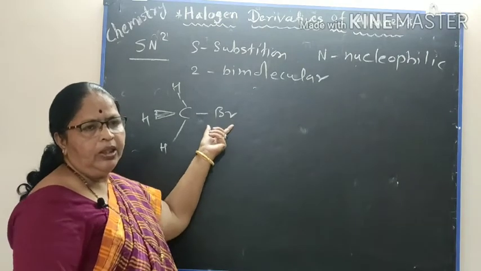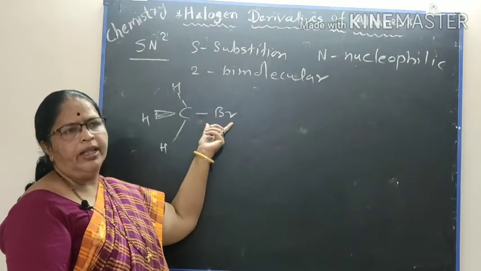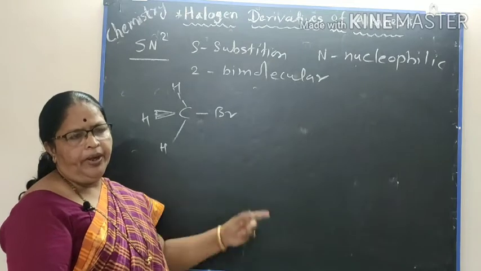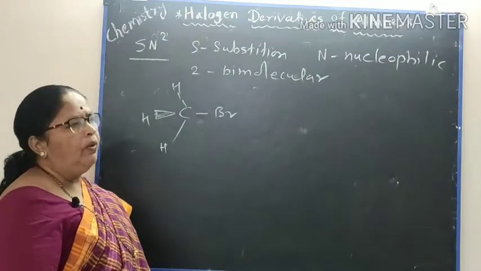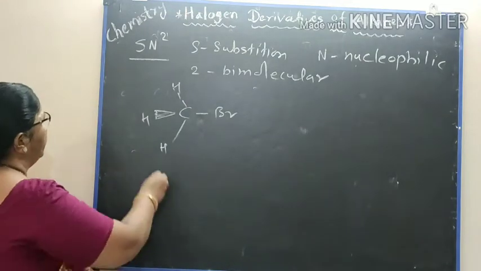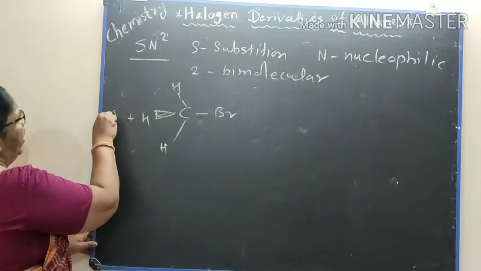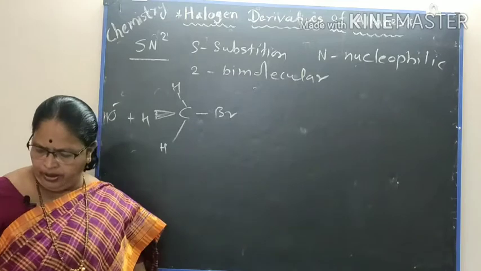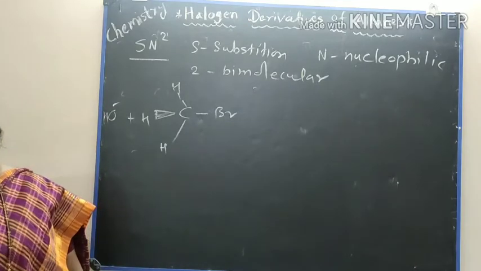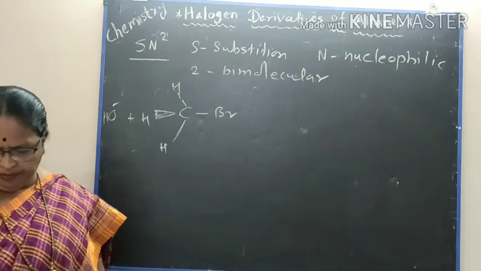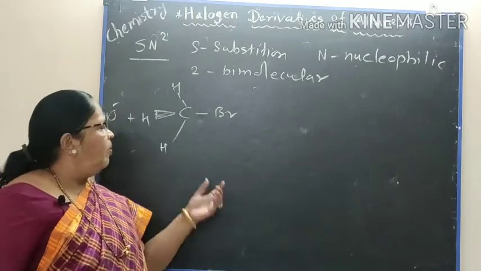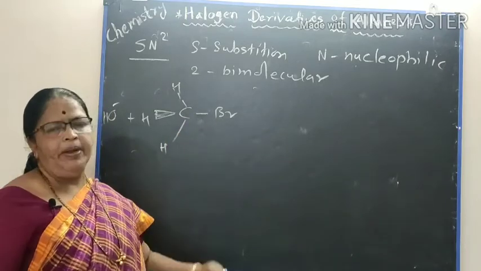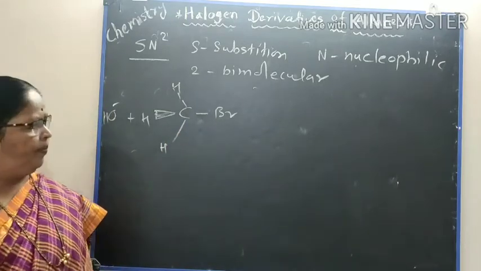It is an electronegative atom, so it carries the negative charge. The attack of the nucleophile OH minus takes place from the back side of the C-Br bond, that is, the side opposite to the C-Br leaving group.